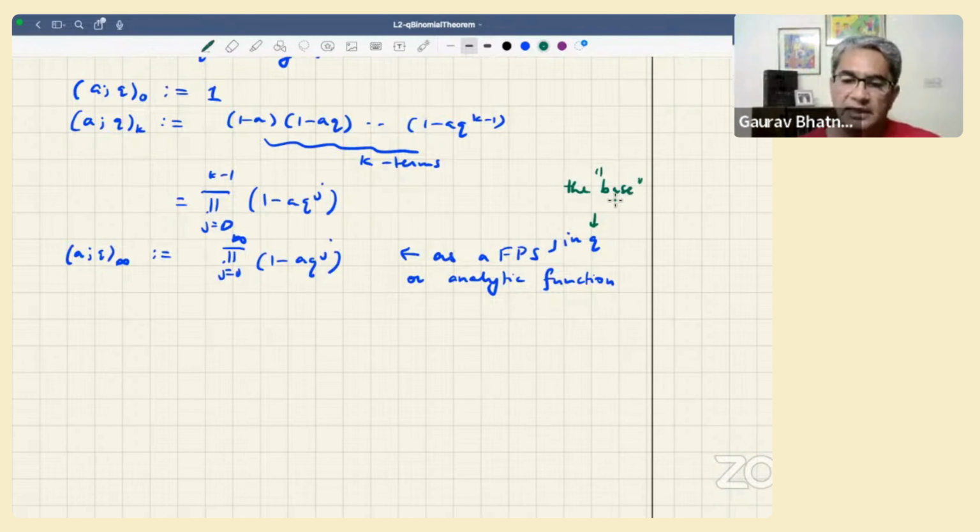The base comes from this q, and there are certain facts which we will prove at some point.